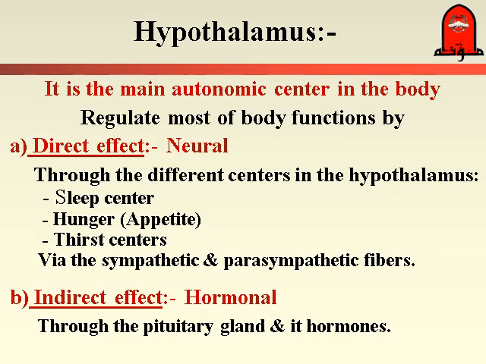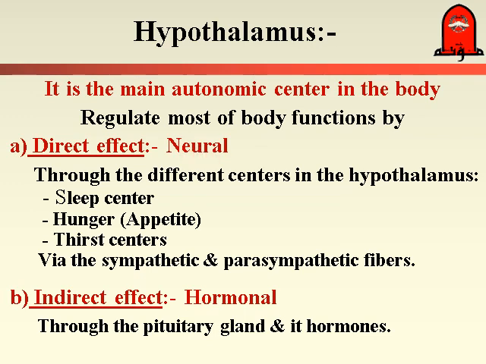This hypothalamus represents the main autonomic center in the body, and it regulates the different functions of the body according to two pathways, either direct effect or indirect effect. The direct effect through the nerve fibers we call the neural control of the hypothalamus.